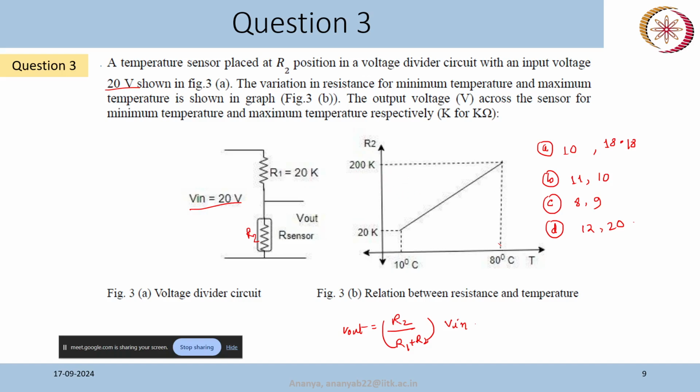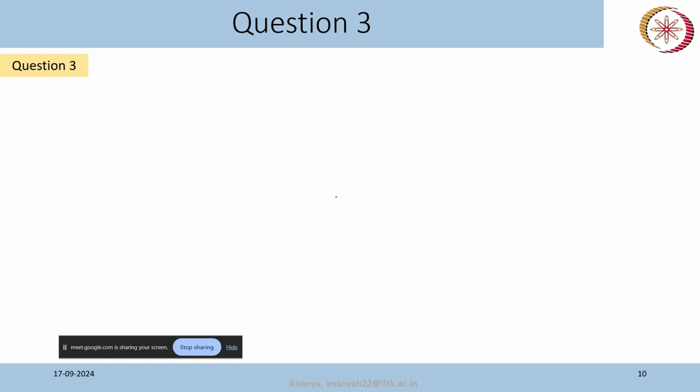Just by looking at the formula, we can say that when R2 is high, the output voltage will be high. That means V out will be more at higher temperature. So by looking at the options, straight away we can say that option B is not correct. In that case, for minimum temperature the output is maximum, which cannot be true, right?